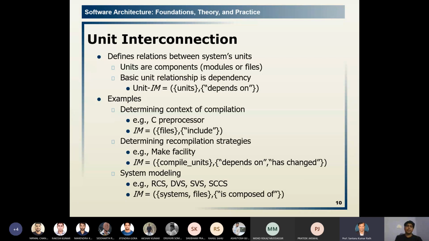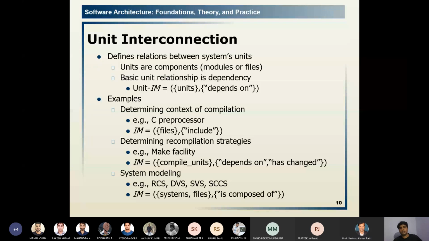Example: to determine the context of comparison, if it is a C processor or any other processor we are comparing, then the IM, the interconnection model, is the file that includes these notations used in the unit interconnection. Then, to determine recompilation strategies, for example, make some estimate. How to write in the interconnection model: compile the units that depend on what has changed, a new facility.